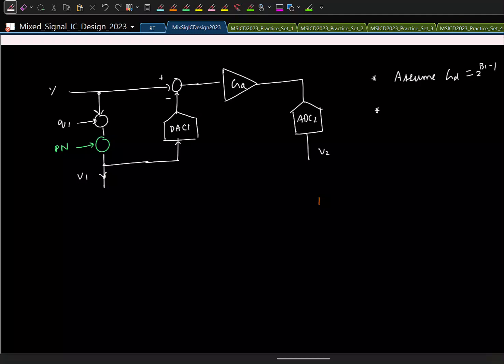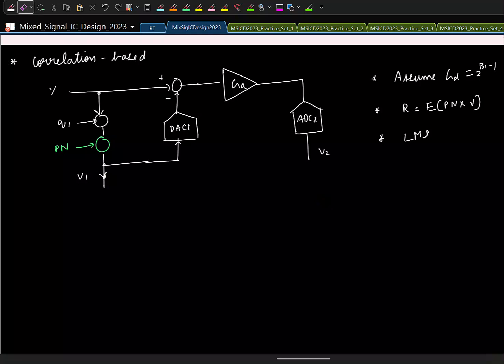And then you find the correlation R, which is the expected value of the PN sequence with the output, and then use the LMS update to keep refining your gain. So this way, you will continuously keep correcting for any variations, and the gain will track the analog gain. So this kind of calibration is referred to as correlation based calibration for obvious reasons.